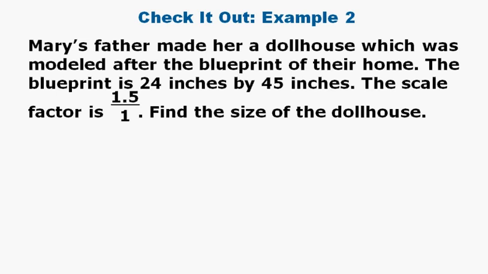Find the size of the dollhouse. So the blueprint was the original. So I have originally 24 and originally 45. And so this is going to be my length. This is my width. And what is my ratio?